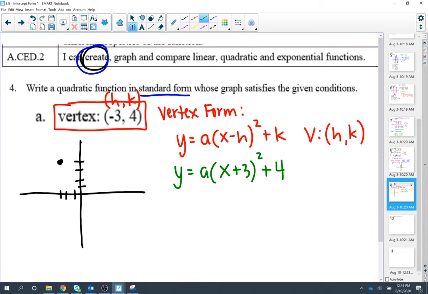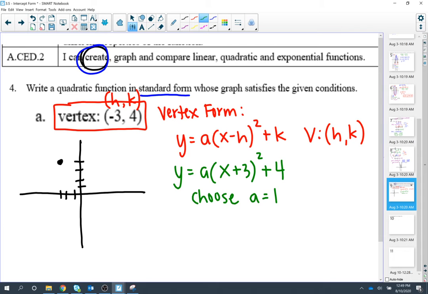Now, remember I said this graph, we got the vertex. Essentially, we're done. But we have that a there, and I don't know what a should be. They didn't give us any other information to tell us, does it open up, does it open down? Does it go over 1 up 2? Does it go over 1? They didn't give us anything. So for the sake of simplicity, I'm going to choose a equals 1.